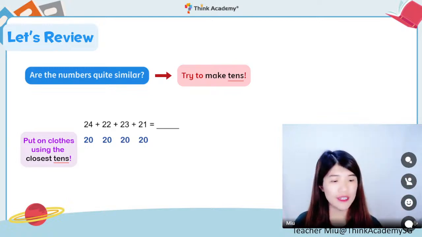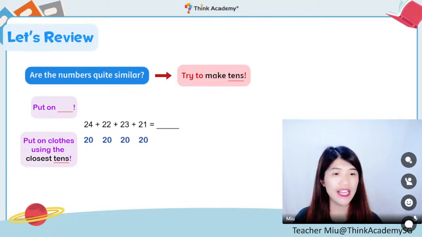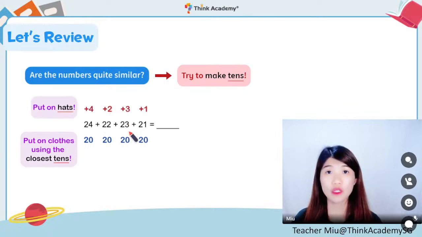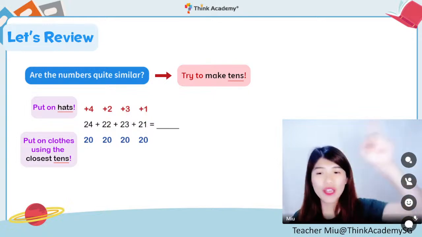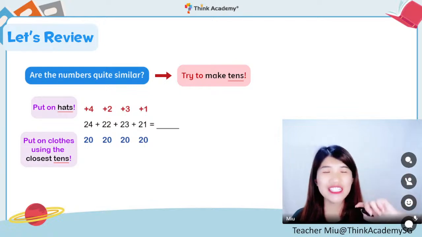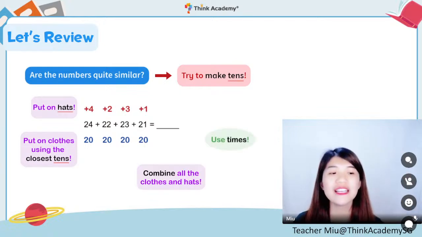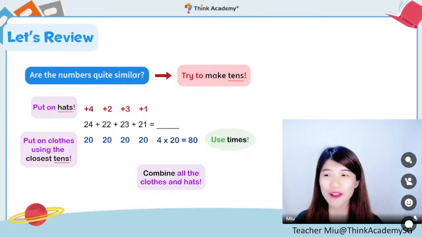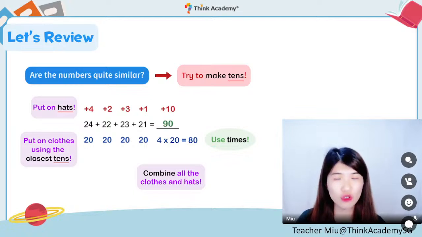For 24, that is plus 4. For 22, that is plus 2. For 23, that is plus 3. And for 21, that's plus 1. Then you can just add them up. Using times, super fast. We can have 4 groups of 20, so that makes 80. And for the hats, you just add them up, 4 plus 2 plus 3 plus 1 is 10, so the answer is 90.